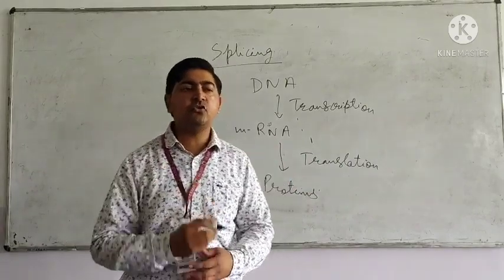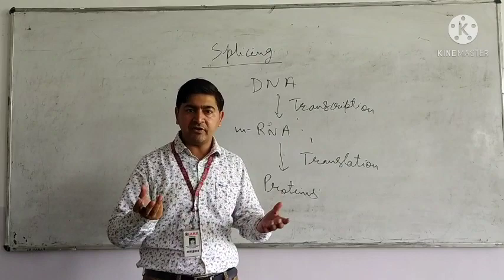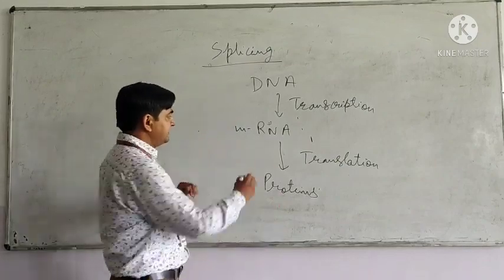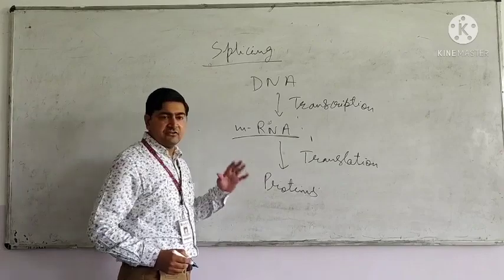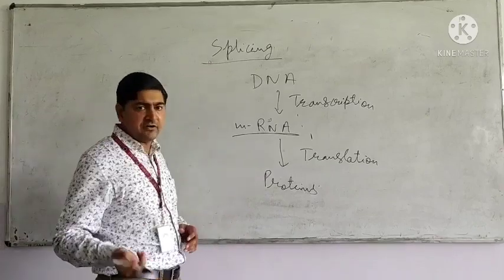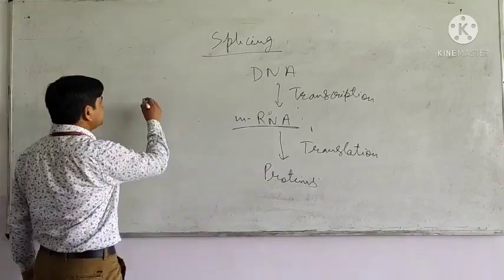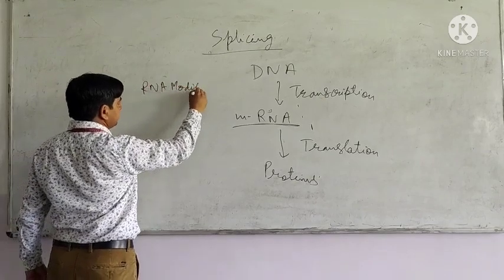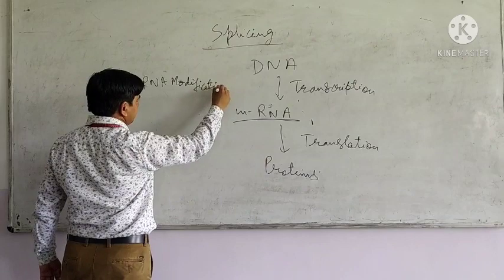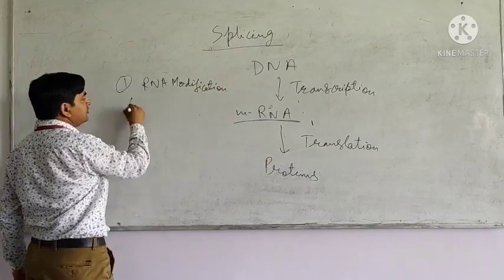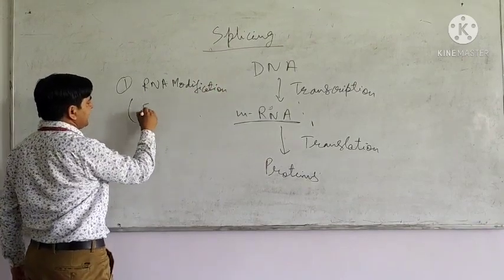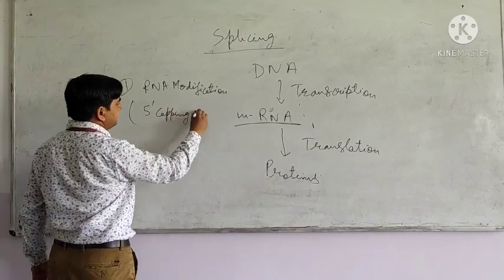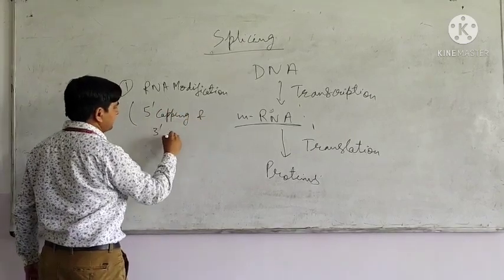But in eukaryotes, there is a more complex process, with modification at the level of this mRNA. In eukaryotes there is different processing, like RNA modifications, which include 5' capping and 3' polyadenylation.